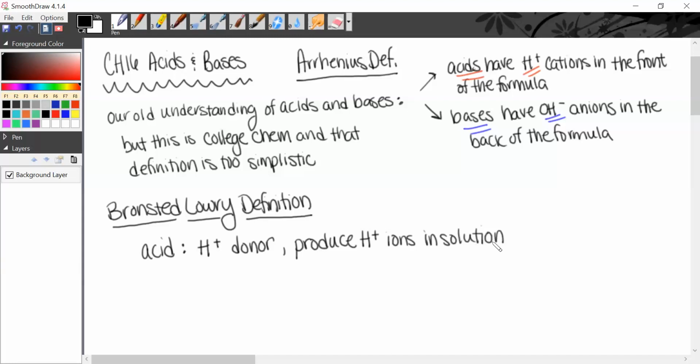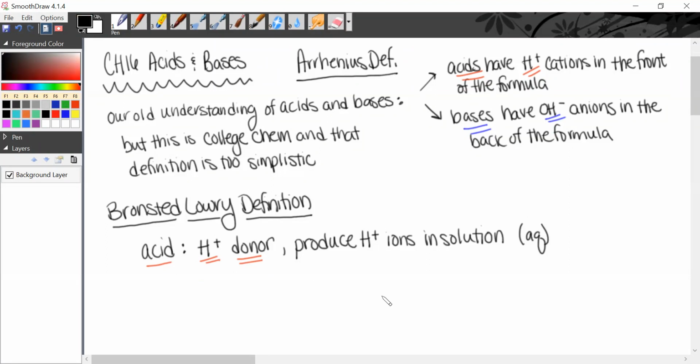So whenever we're talking about acid behavior or base behavior, we are talking about things that are aqueous. All right, so again, what makes this an acid? The H plus. Bronsted-Lowry definition, H plus donor.